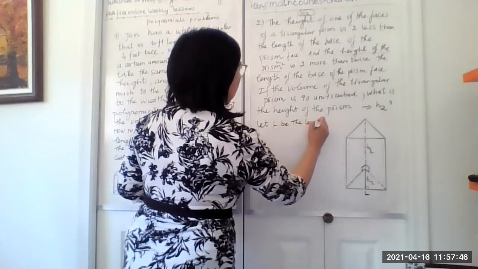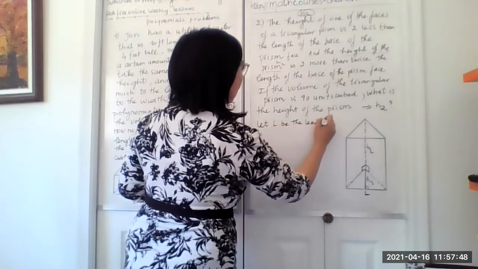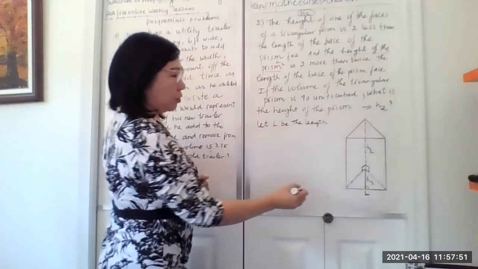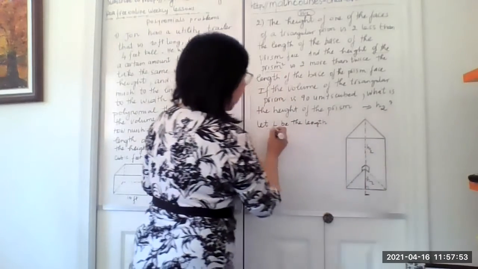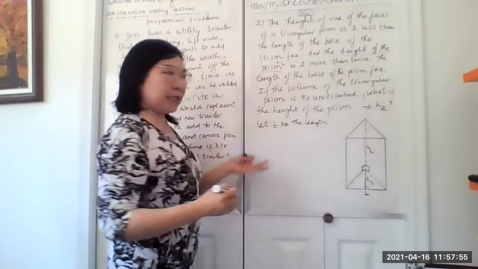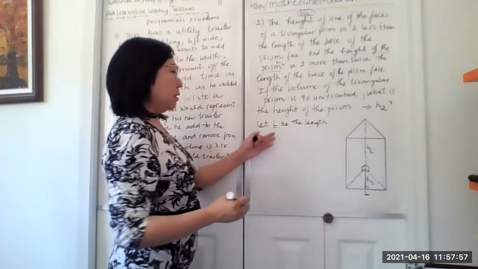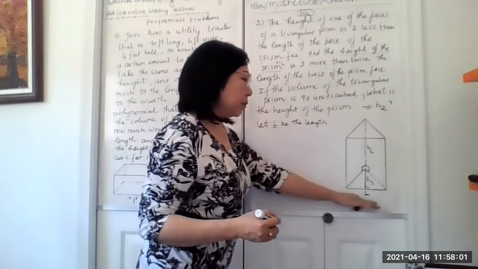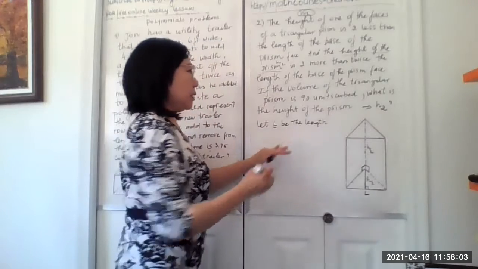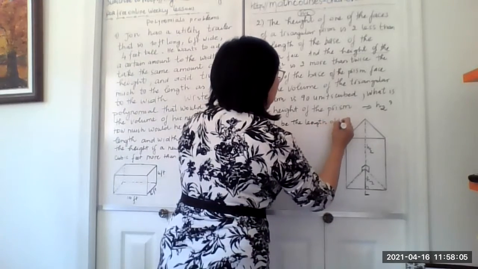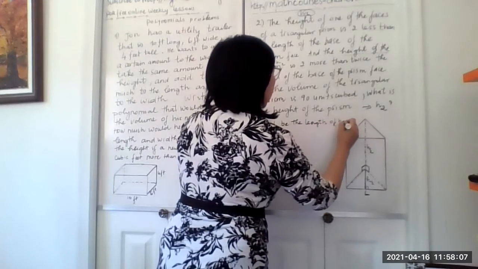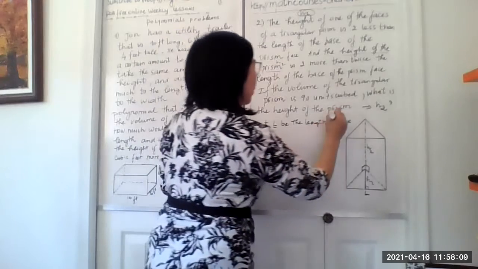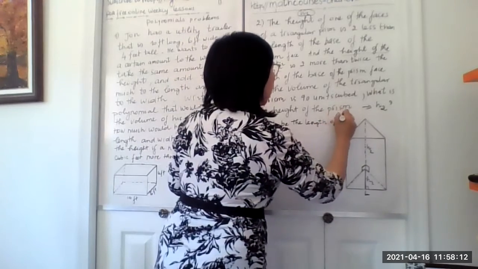Now, this length, we don't know how much it is. So I just say let L, or you can say let X as well, doesn't matter. I represent the length of the base by the letter L. Let L be the length of the base, and of course it's a triangular base.